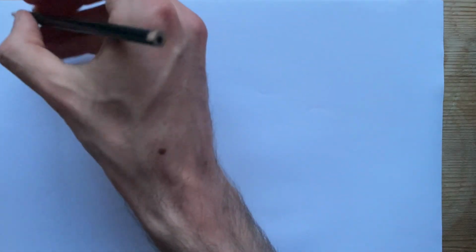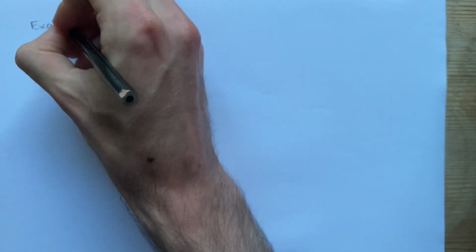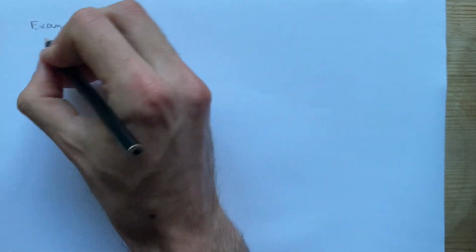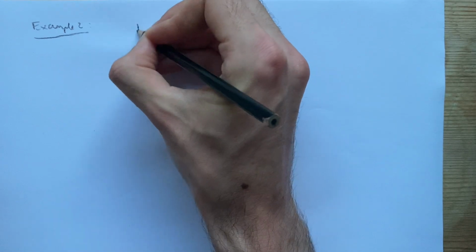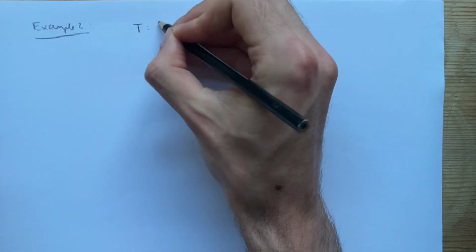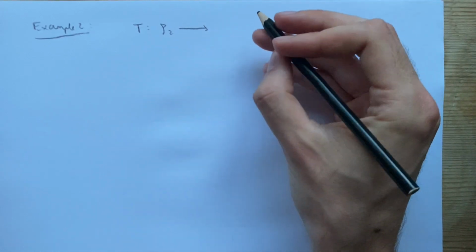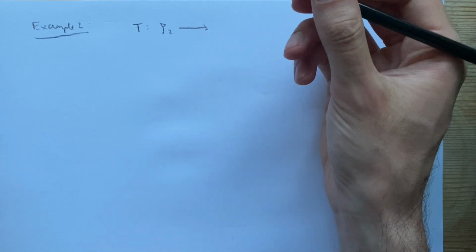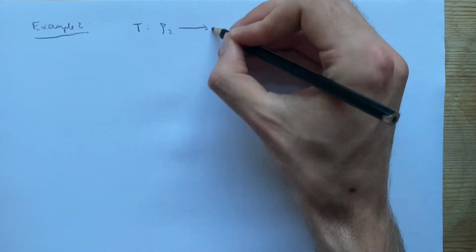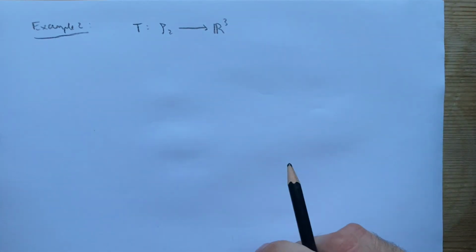So now we can go to our second example, which is a sampling function. Our second example is a linear transformation from the vector space of polynomials of degree at most 2 with real coefficients, and it goes to R3.